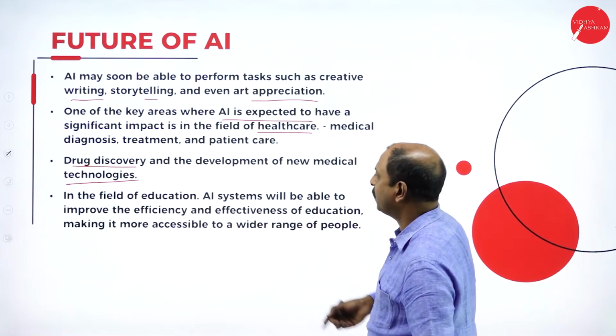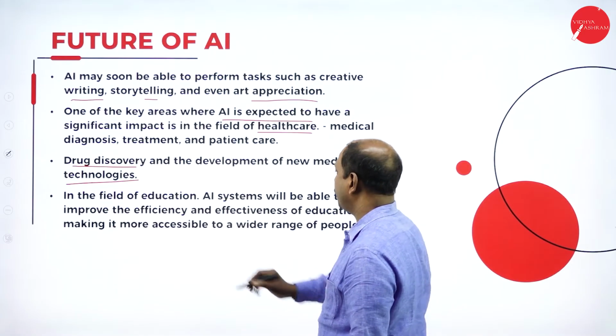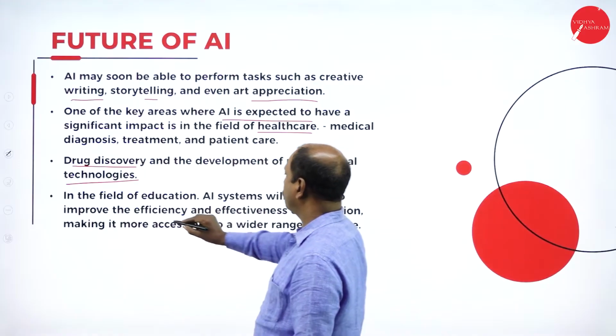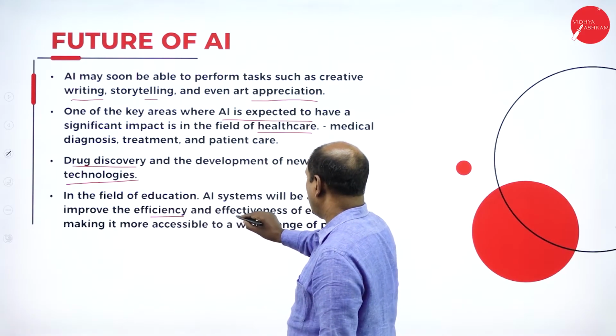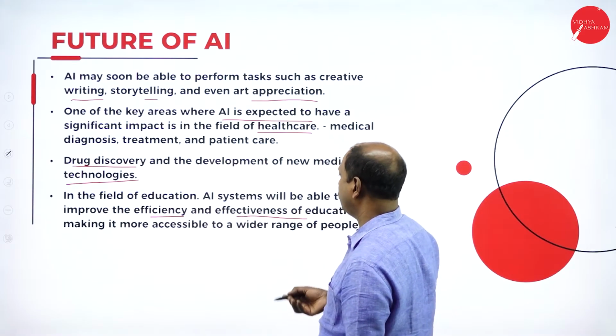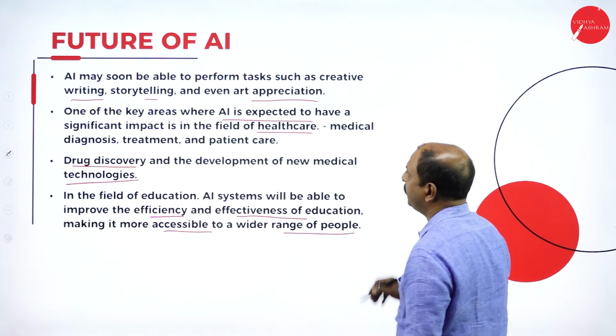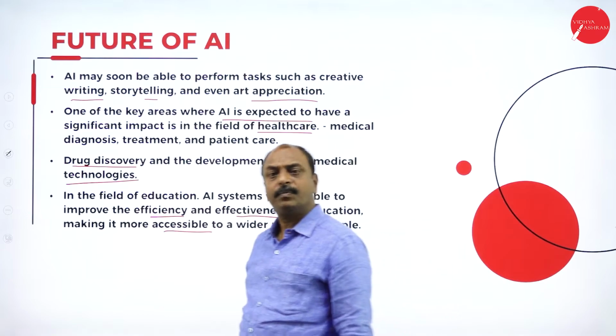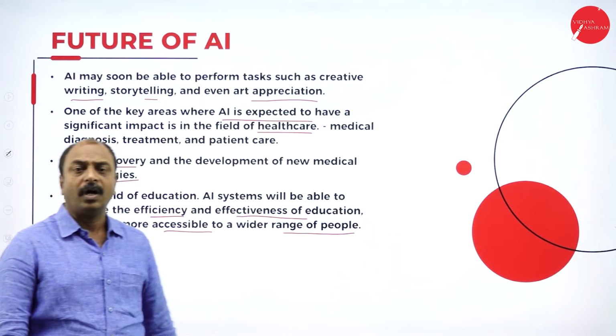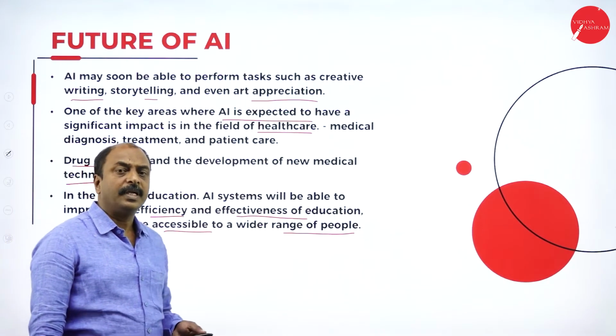This would be the future of AI. And in the field of education, it is used to improve the efficiency and effectiveness of education, and it is making it more accessible to a wide range of people. See, this is what we can predict, or what would be the future of AI.